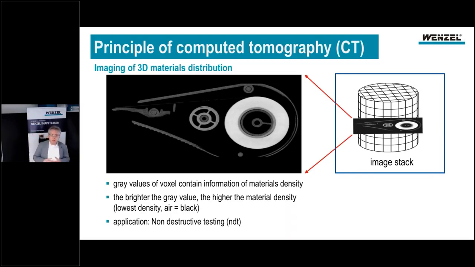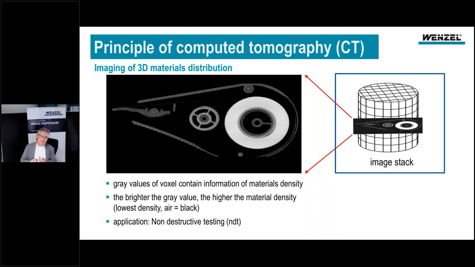Let's have a closer look at that. If we talk about the result, the image stack, the volume data, and we cut that volume data in an arbitrary slice and look at it, then we see here on the left-hand side an image, and the image consists of gray values. The gray values range from black to white.